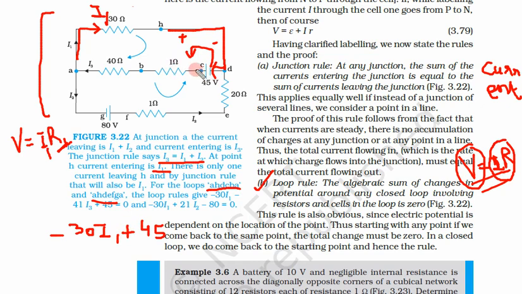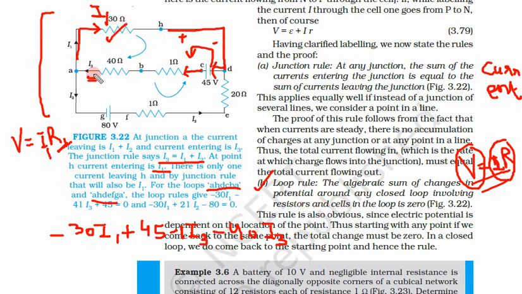Now what do we see after this? Here the current is I3. So minus 1 I3, let me write 1 I3, and again minus 40 I3. So from this rule, what is the loop rule? The algebraic sum of changes in potential around any closed loop involving resistors and cells.